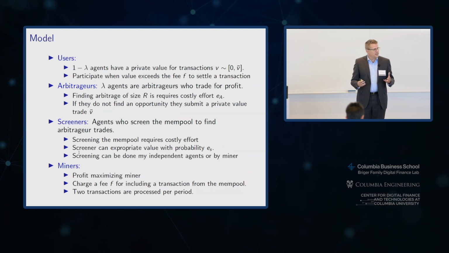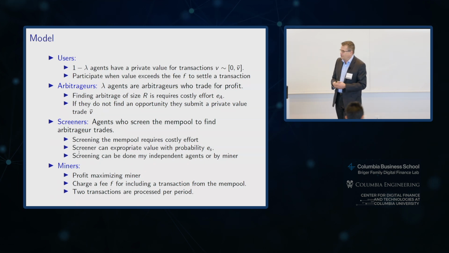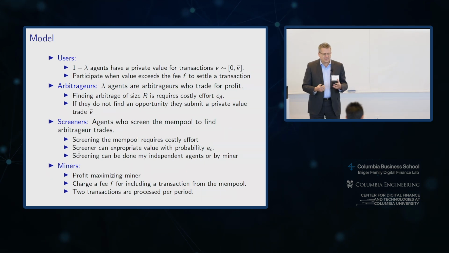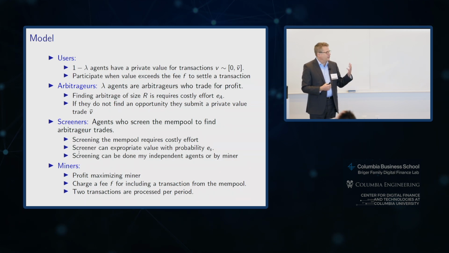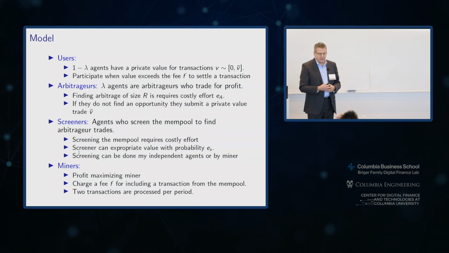Then there are the screeners, who look through the mempool, pick out arbitrageur transactions, take advantage of them and front-run the arbitrageur. Again, they have to invest some costly effort in finding these arbitrageurs' trades in the mempool and then see whether they can expropriate them or not.